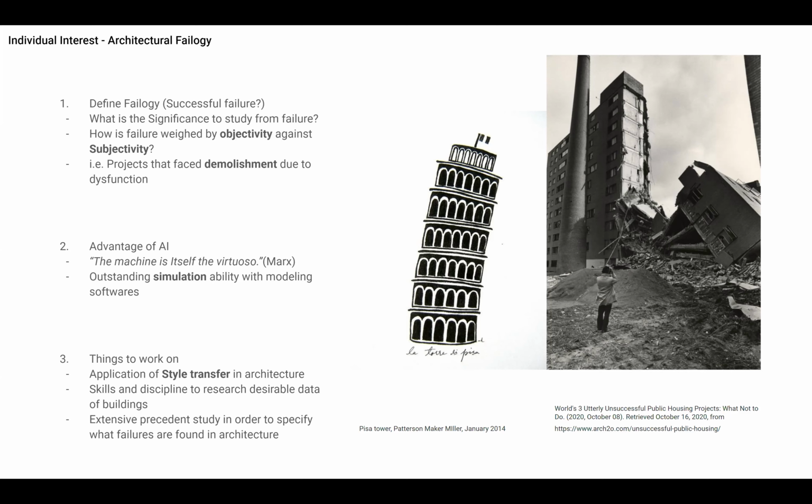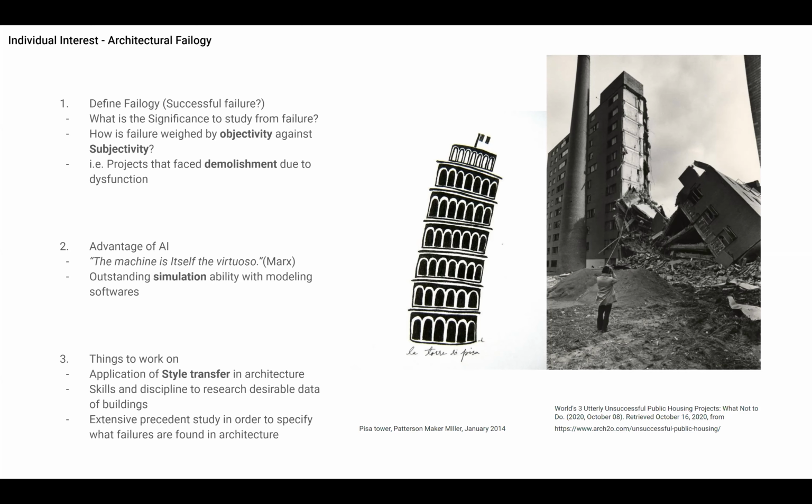And I also wondered how failure is weighed by objectivity against subjectivity. If you think about objective failure, does the Pisa Tower fail in terms of physical structure, or is it actually a success as a culture, given its cultural significance to the country of Italy?